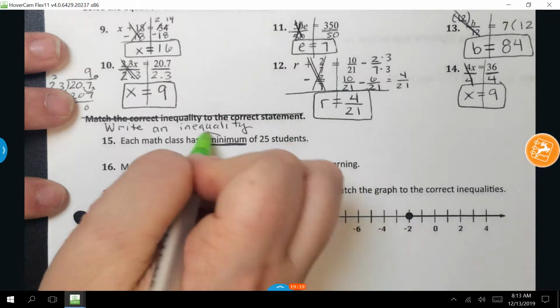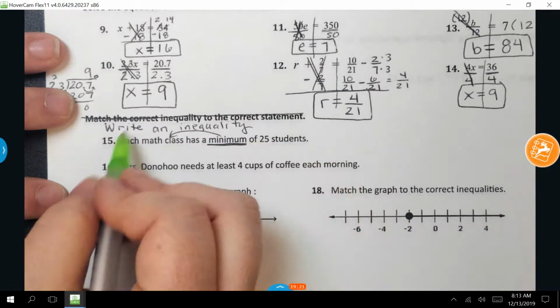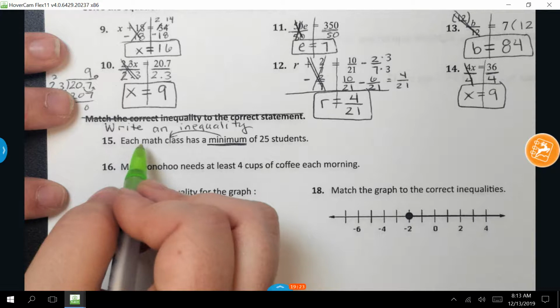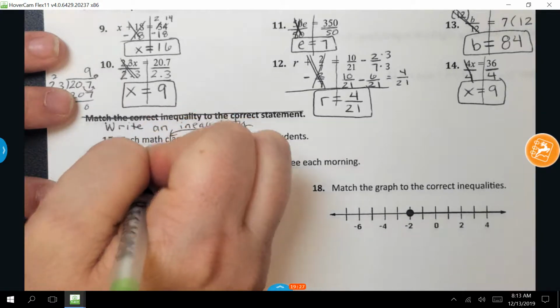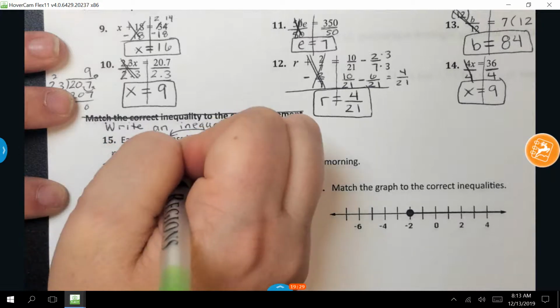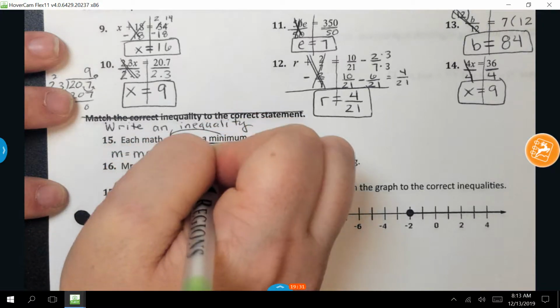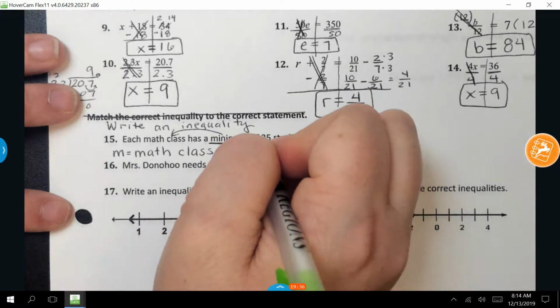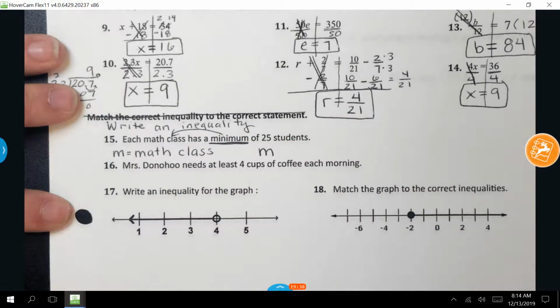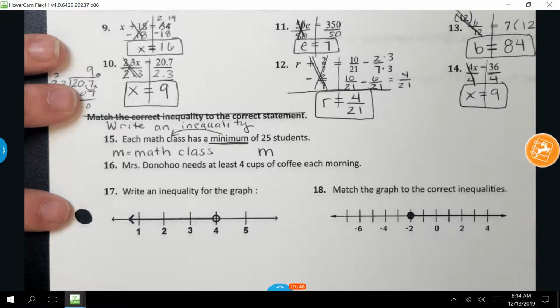The students in each math class. So specifically, this sentence is about the math class, right? So I'm going to use M, and M stands for math class. All right? You can use 2 words, but you can only use 1 letter. Okay? So I'm going to start with my letter M. The minimum is 25. So everything else needs to be?